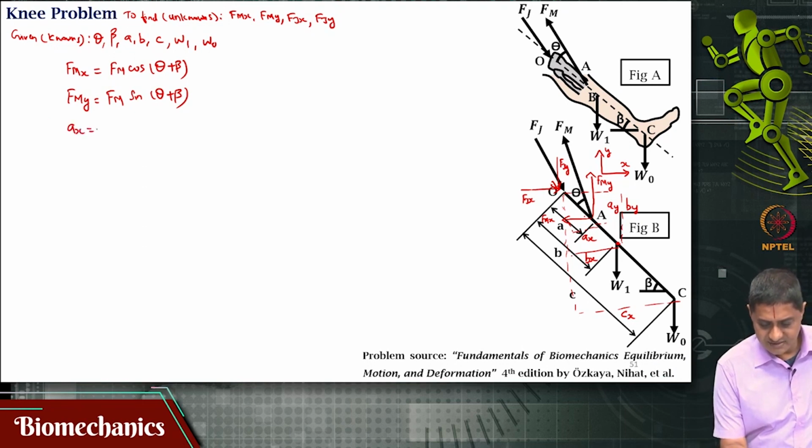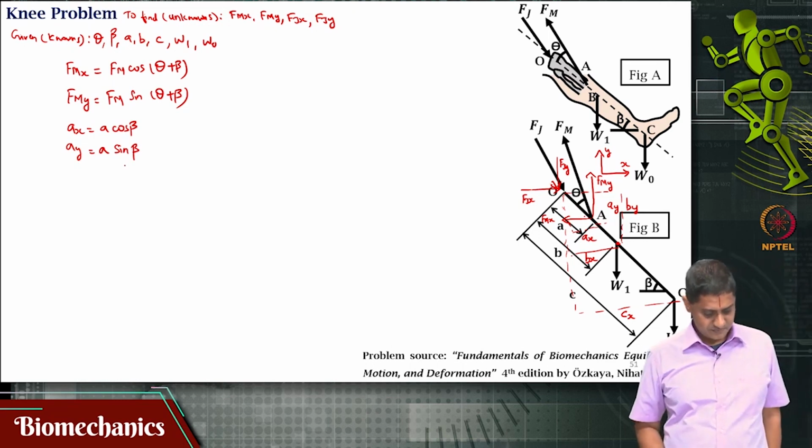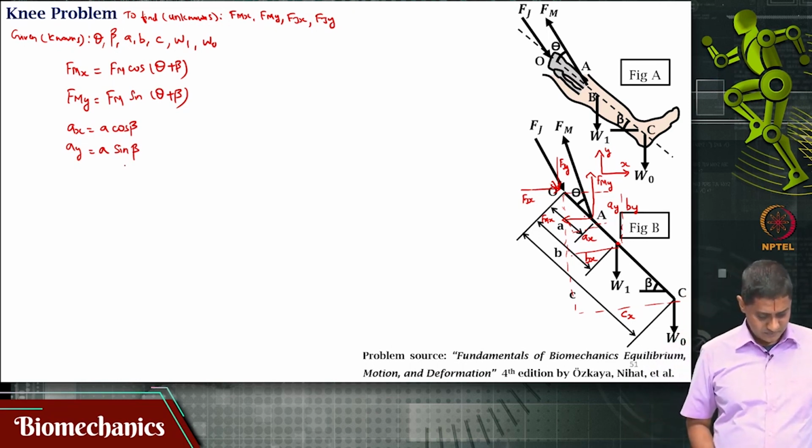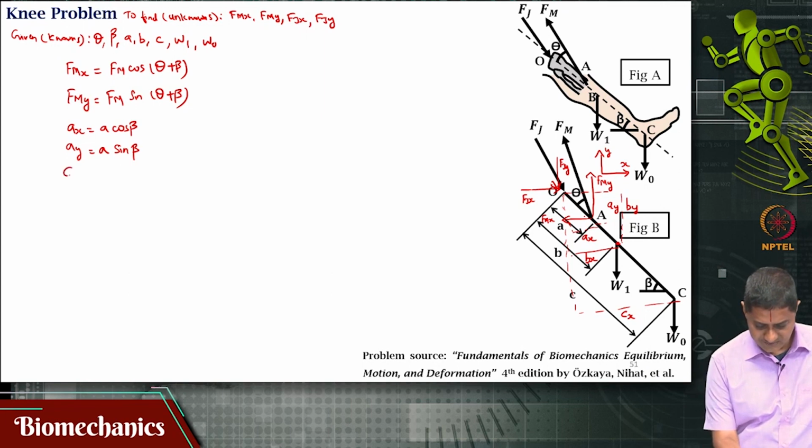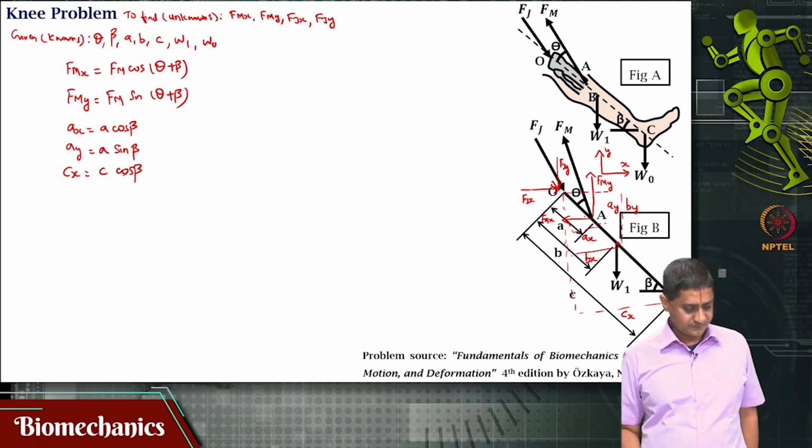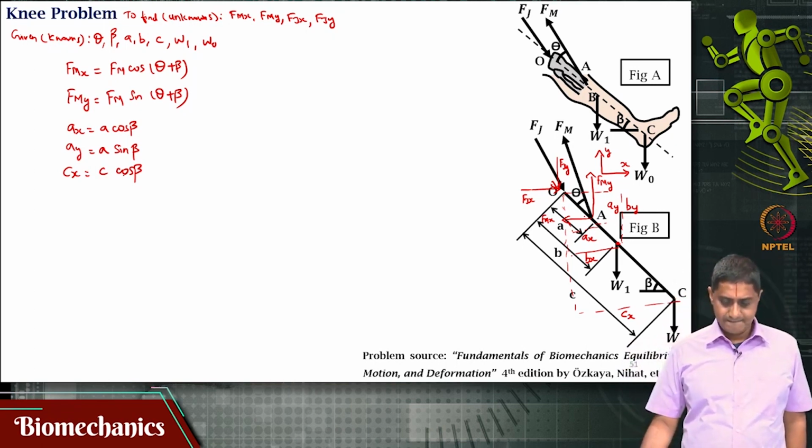So, Ax is A cos beta and Ay is A sin beta. Cx is C cos beta, likewise.